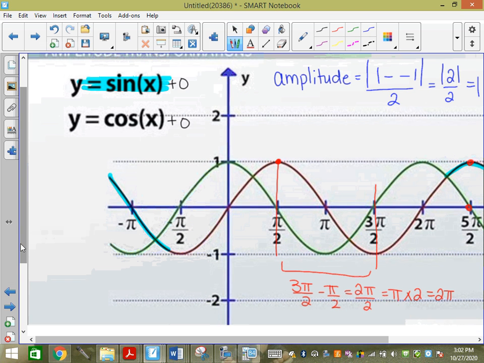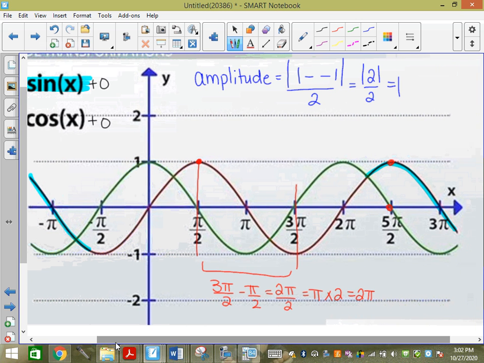Y equals 0 is what line on my graph? The x-axis is the line y equals 0, right? So both of these graphs have a midline here on the x-axis. And how do you know if your midline's right? If you count up from it and you count down from it, you should have the same amount, which should be your amplitude. So if I count up from my midline, that's a distance of 1.